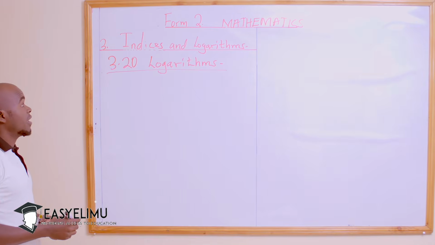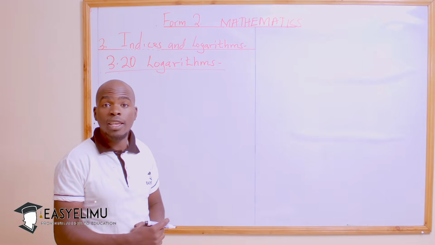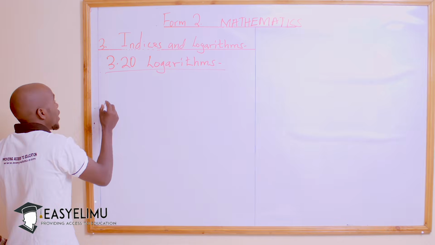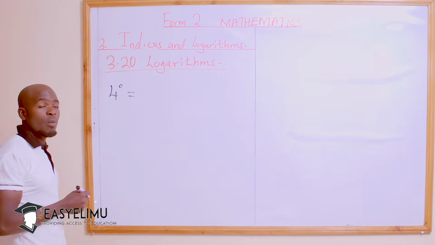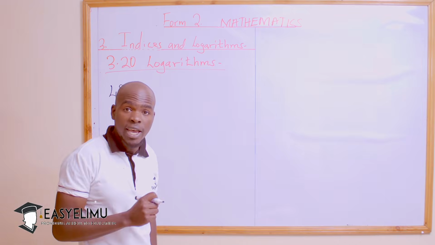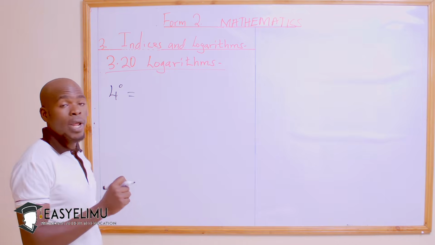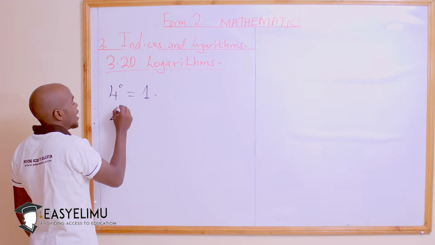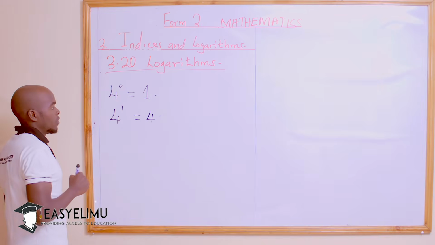Now let's learn about logarithms, and we shall consider given numbers under logarithm. For example, we are going to have 4 raised to 0, and remember from our indices we said a 0 index is such that 4 raised to 0 will give us 1. And if we have any number raised to 1, it is the number itself.